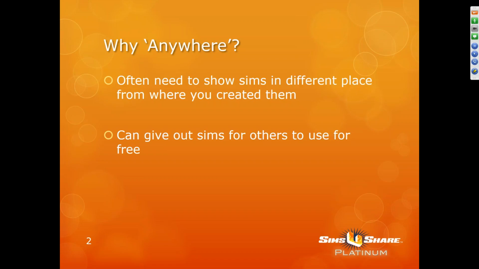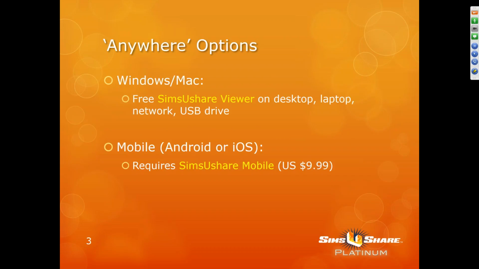So when we talk about anywhere option, I want to be clear that for free we have our Sim Viewer on Windows and Mac, and so that's the program I'm going to show you how to download and install from Windows or Mac and put it onto a USB drive, a flash drive, and then run it from that drive.